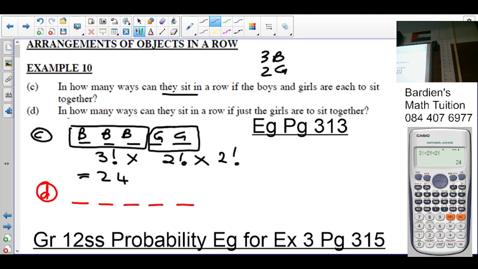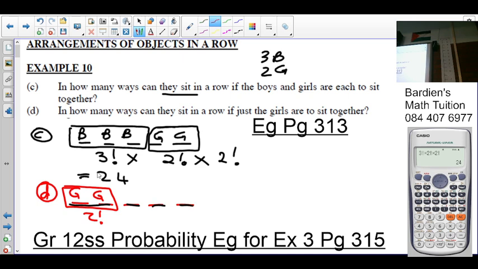So if the girls are to sit together, what I do is I bind them. So how many ways can the girls sit together? 2 factorial. Then this now becomes how many bids? 1 bid. Can you see that? So we count 1, 2, 3, 4.